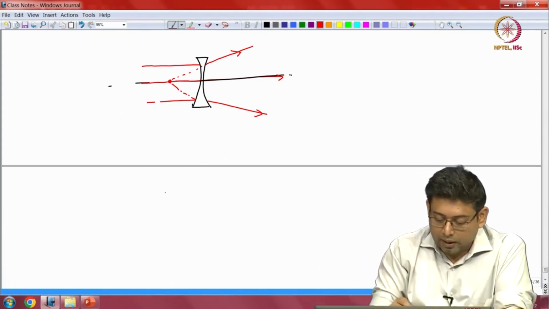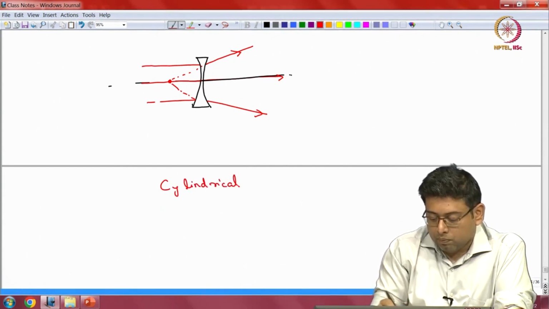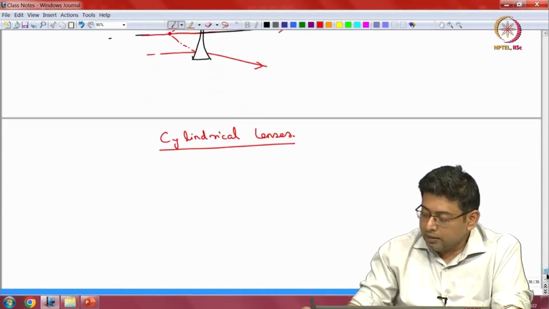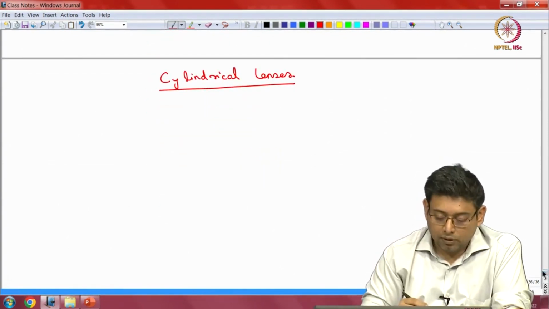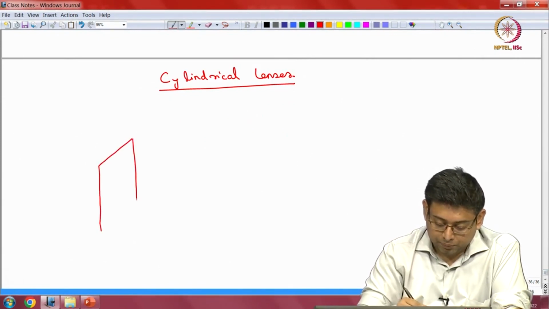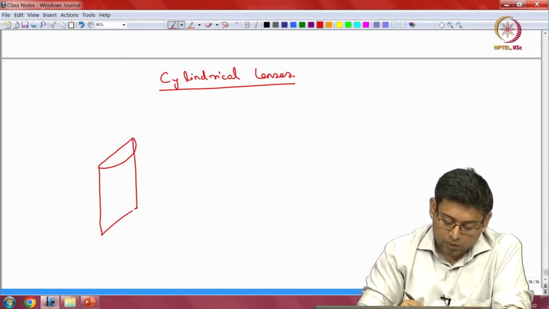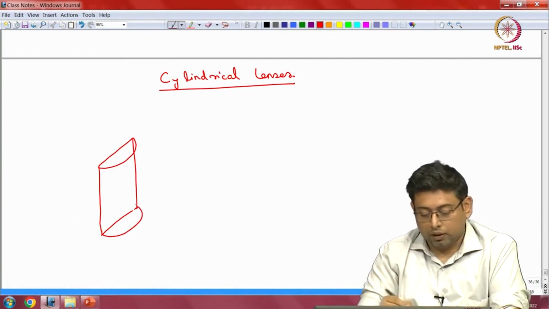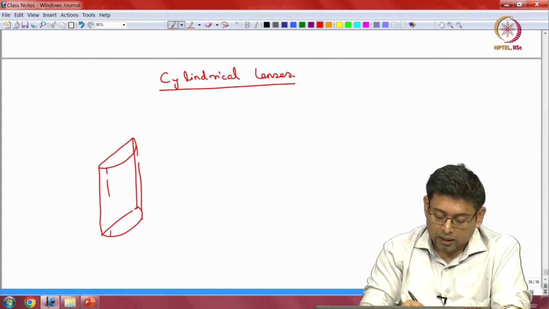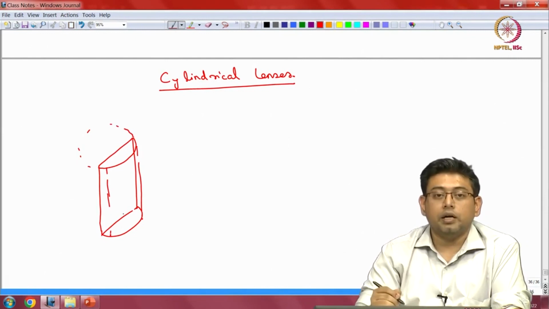There is one important type of lens that you will also encounter called cylindrical lenses. Now, in cylindrical lenses, as the name suggests, the lens is actually part of a cylinder. So, for example, this could be a cylindrical lens. So, this, for example, is a cylindrical lens. You can see that if I had extended this further, this would have been a cylinder right here.